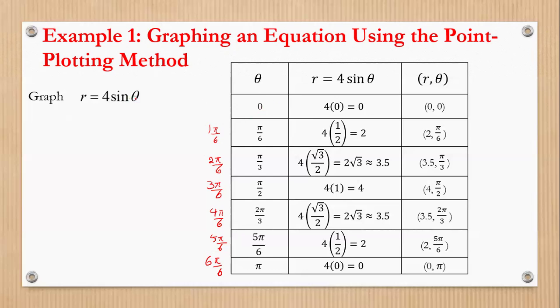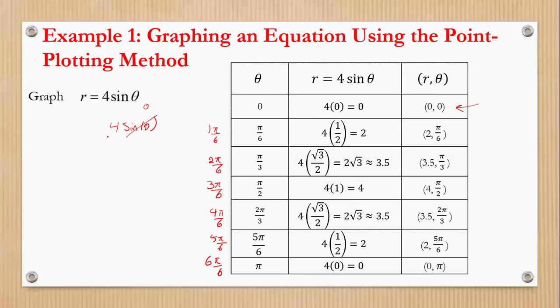If I replace theta by 0, I get 4 sine of 0. I know sine of 0 is 0, and 4 times 0 is just 0. So my first point is 0 and 0. And remember, when you are showing the points in polar coordinates, the r must come first and the theta must come after.